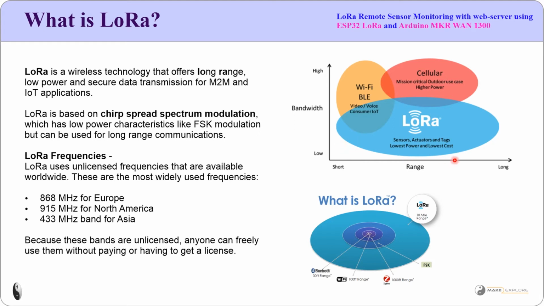But LoRa has a lower bandwidth and a very high range. Bluetooth is up to 30 feet, Wi-Fi is up to 100 plus feet, Zigbee is up to 1000 feet, but LoRa is up to a range of 10 miles.